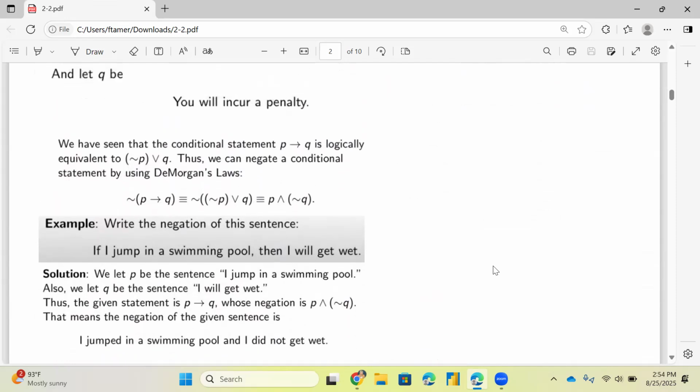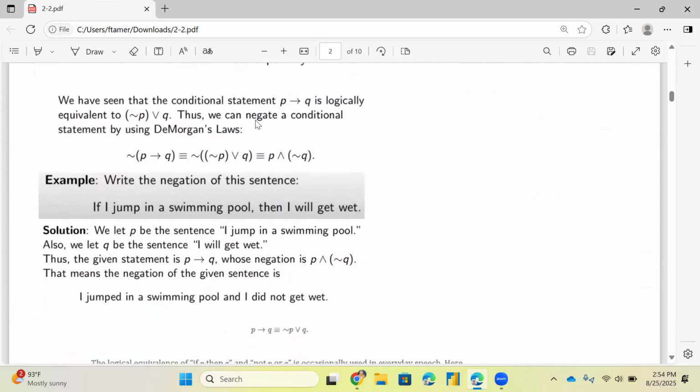Okay. We have seen that the conditional statement, if P then Q, is logically equivalent to not P or Q. Thus, we can negate a conditional statement by using De Morgan's law. So here is if P then Q. Let's negate this expression by using De Morgan's law.